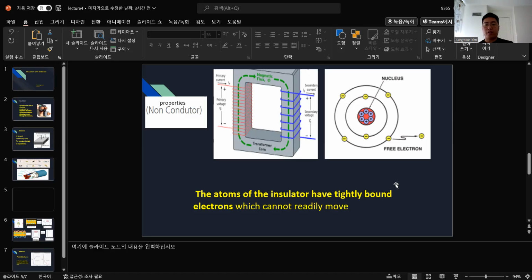That is the difference. Since the dielectric and the insulator can be the same material, their shared property is being a non-conductor, as you can see, non-conductor characteristics.